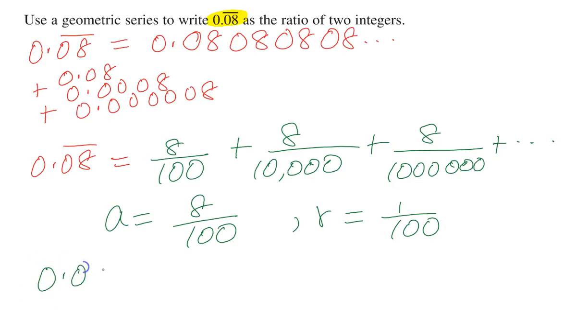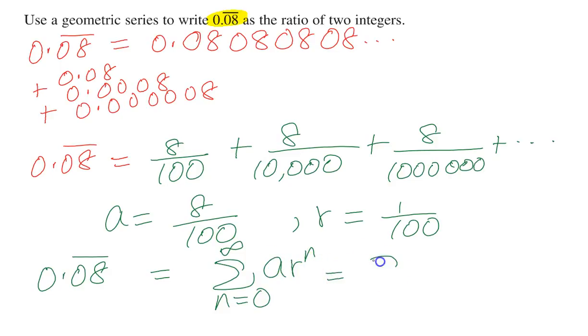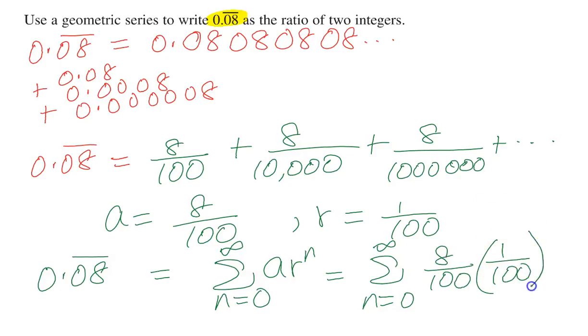So I'm going to write 0.08 with a bar as a geometric series. Geometric series starts with n equals 0, goes up to infinity, a r to the power n. I'm going to fill in n equals 0 to infinity, a is 8 over 100, r is 1 over 100, raised to the power n.